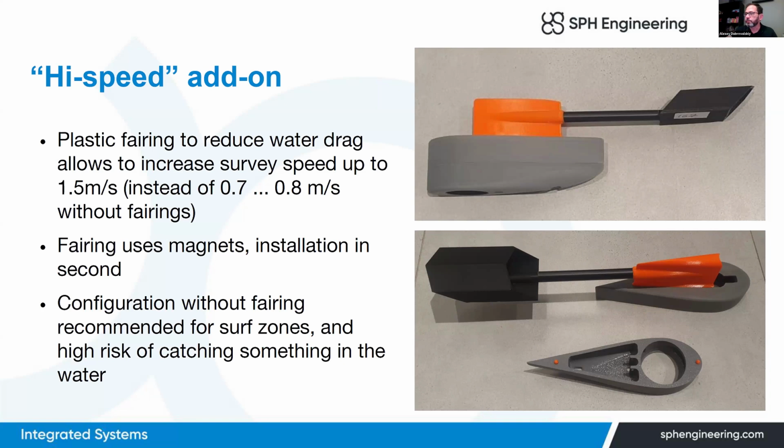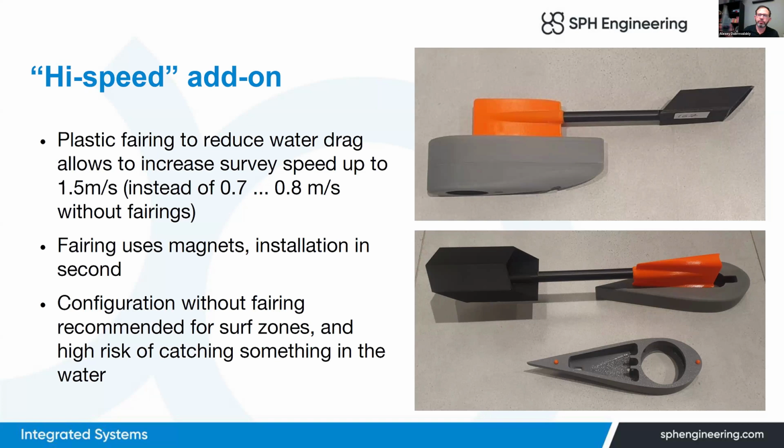You can still use single beam echo sounders with that high-speed add-on or fairing. In some situations, for example, in case of surveys in surf zones, the assembly with the echo sounder may not be stable in rough waves.